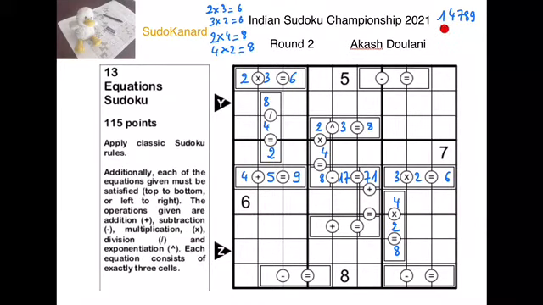The only possible difference is, well, let's say 9 minus 1 is 8, or 9 minus 8 is 1, or 8 minus 7 is 1, or 8 minus 1 is 7. But 8 is not available here. So this has to be a 9, as 9 minus 1 equals 8, because 8 won't go there. 7 is not here, so 7 goes there. And we get a 4 to complete the row.